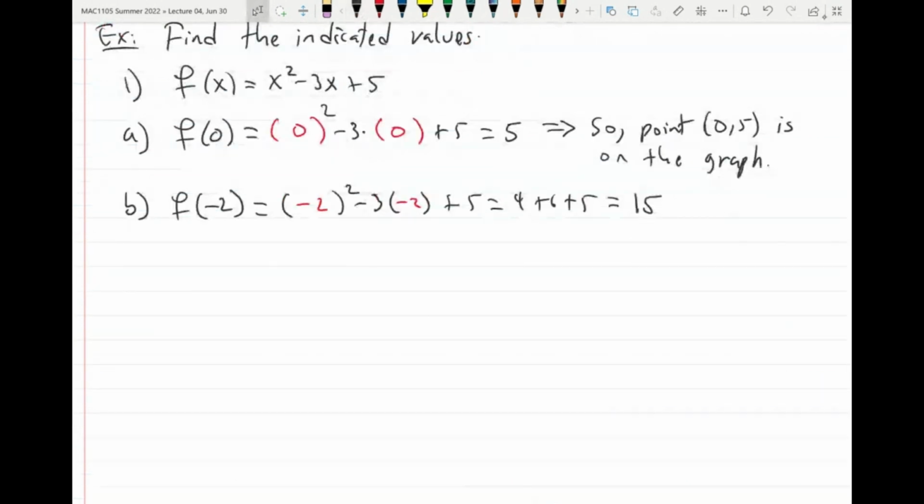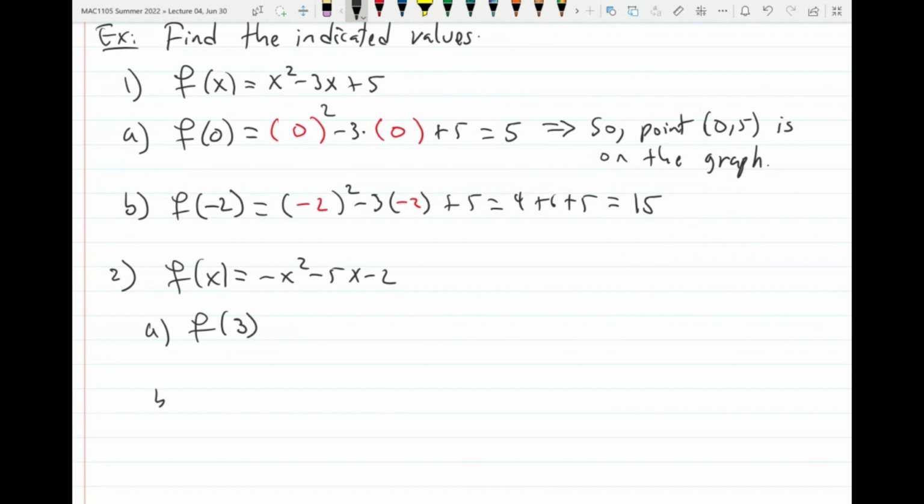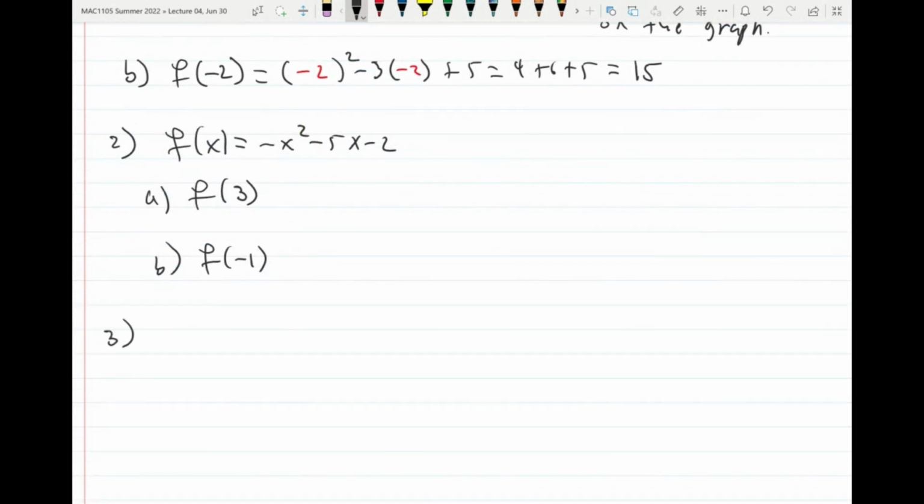Okay, good. So let's see, do this one. Let me write down the examples that I want you to do. So find f of 3, find f of -1. So you can start working on this.